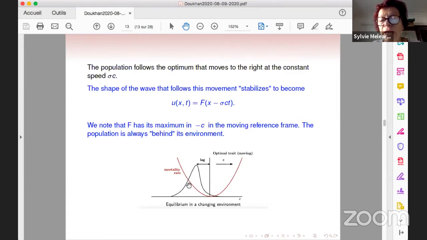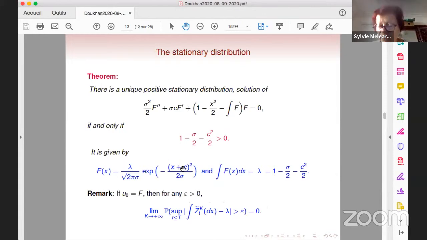That means that we have a lag between the environmental speed, which is sigma c, and the lag is given by this quantity minus c.